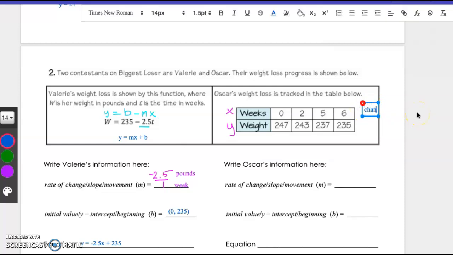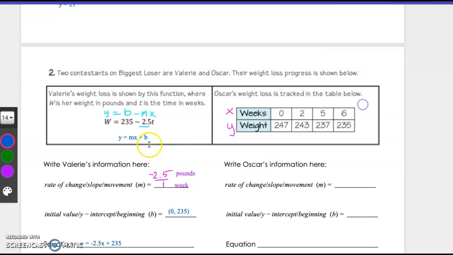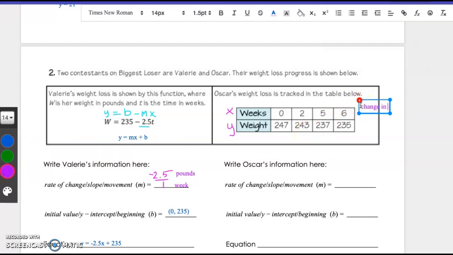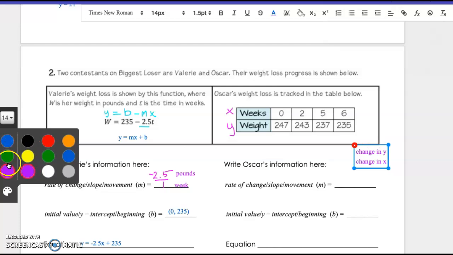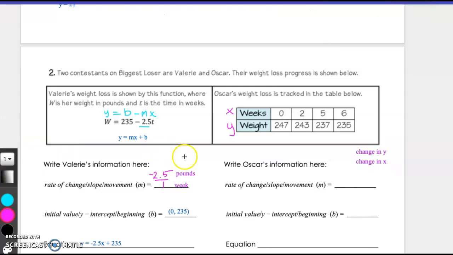We're looking for our change in y values over change in x values. Let's put it right there. And be careful, because a lot of us like to flip-flop these numbers. It's kind of the opposite of how the table is set up, which tricks our brain.